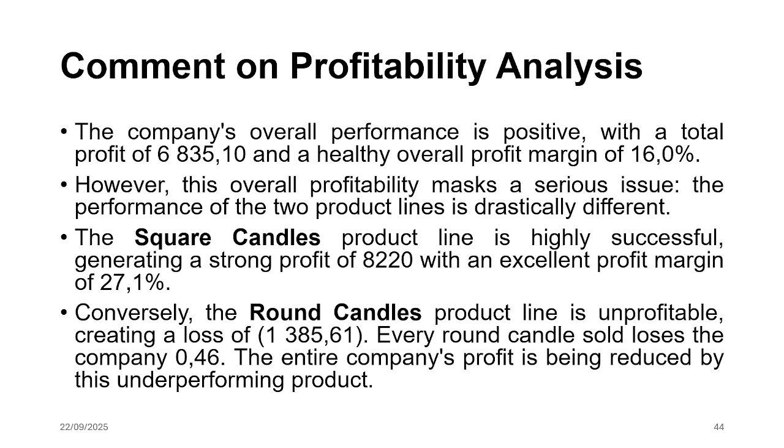The success of the square candle is essentially subsidizing the round candle. The entire company's profit is being held back by the underperformance of the round candle. This is a classic example of why detailed product costing is so essential.